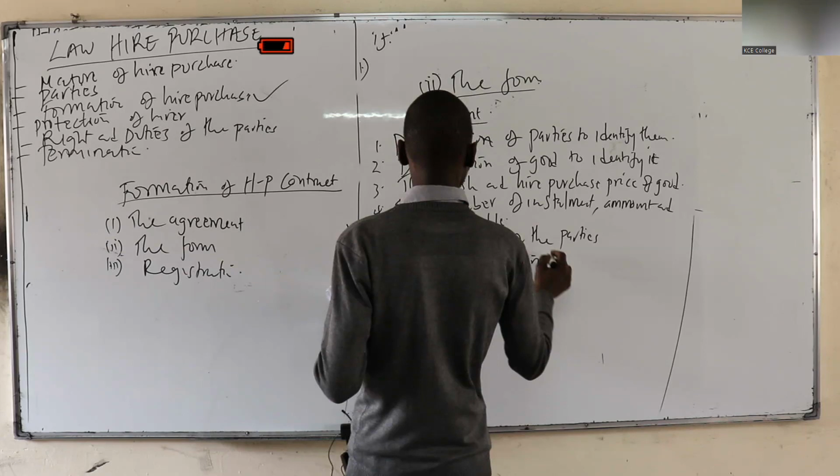If the owner repossesses the goods contrary to the above provision, the following consequences will apply. Number 1, the hire purchase agreement is terminated.